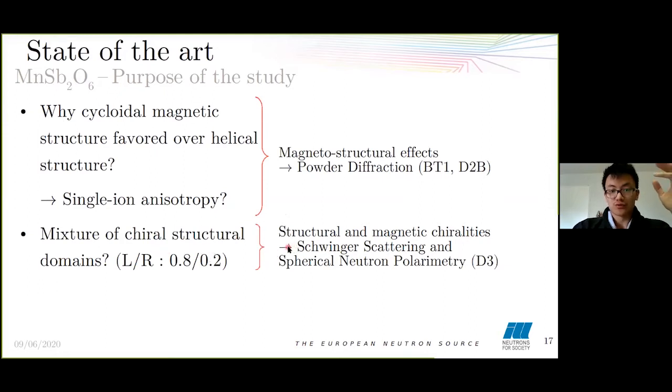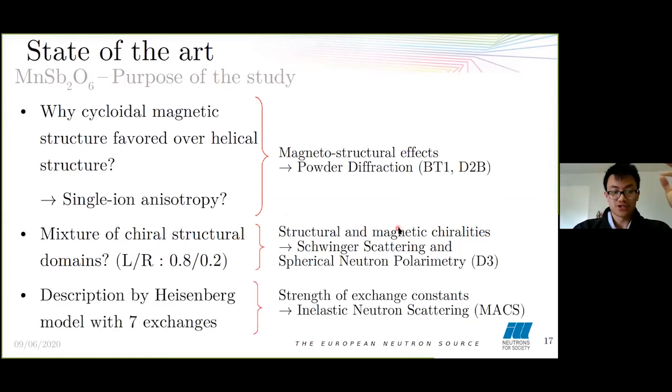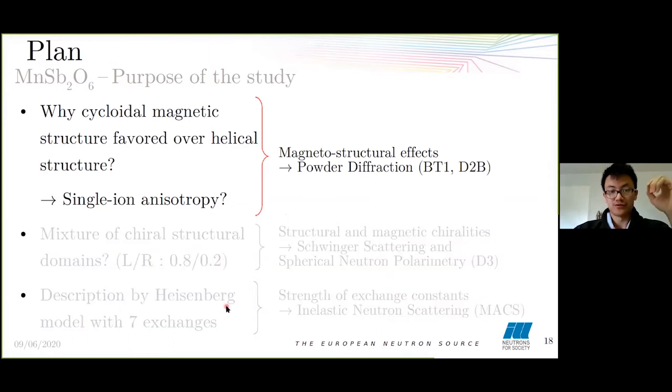So we want to study the link between this structural chirality and the magnetic chiralities. This can be done by Schwinger scattering and spherical neutron polarimetry. And to finish, we can check the accuracy of the Heisenberg model by using inelastic neutron scattering. So now I will start with neutron powder diffraction.